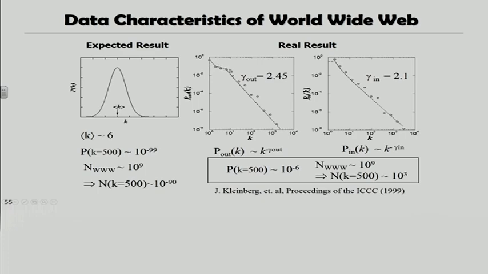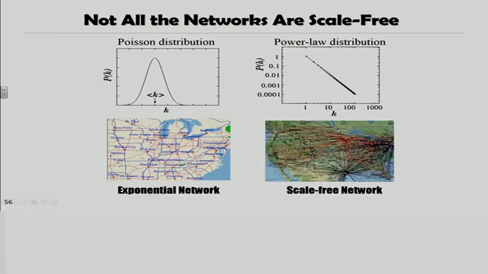You can see that on a log plot it's very much like a line. Here you can see it's just a little twisted, but this one is out-degree and this is in-degree, and both behave like parallel lines. It's not like a Poisson distribution or a normal distribution at all. So that's what Jon Kleinberg found.